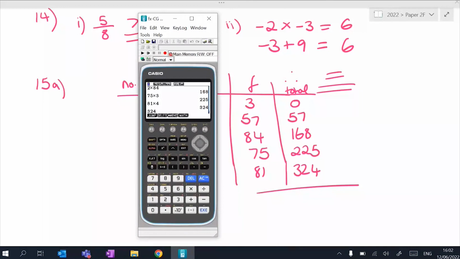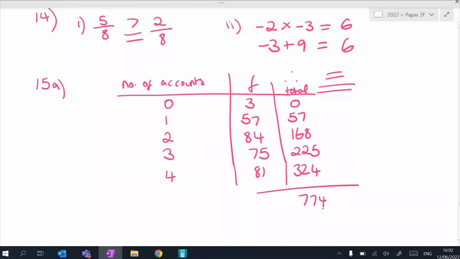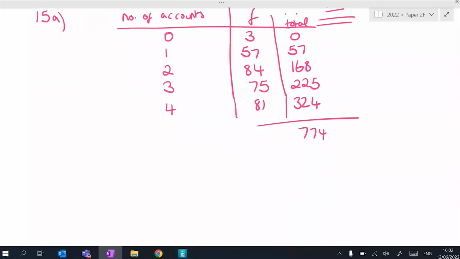So I want to do 324, add 225, add 168, and add 57. Okay, so I've got 774.